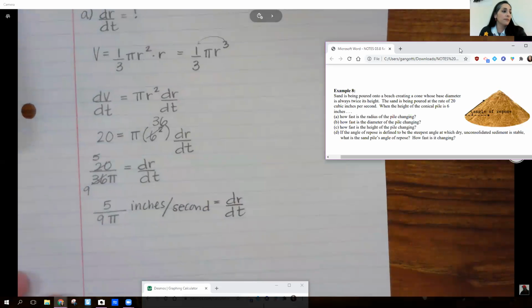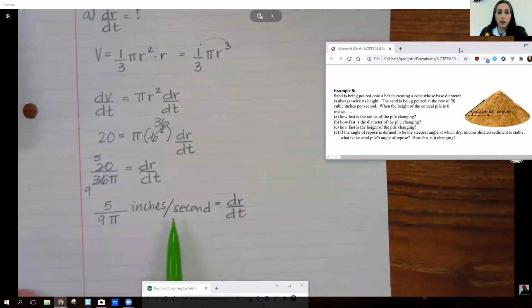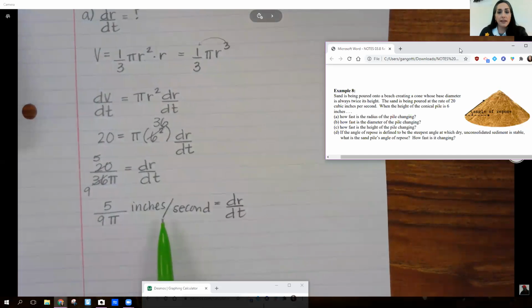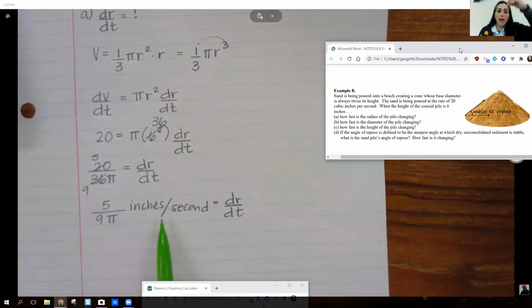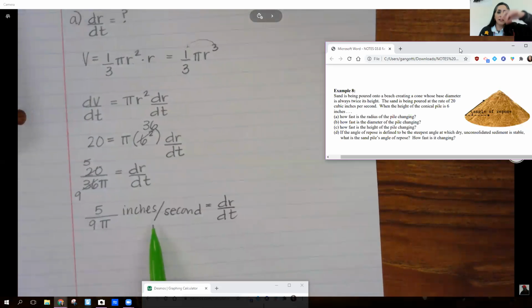And this is a positive answer. It's pretty tiny, but it's still positive, so it's still growing. That should make sense, because if you're adding sand to a pile of sand, then the radius should continue to get bigger and bigger.